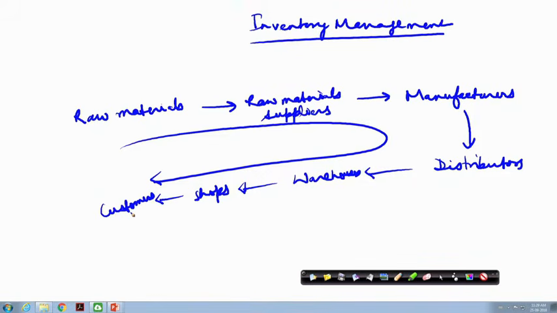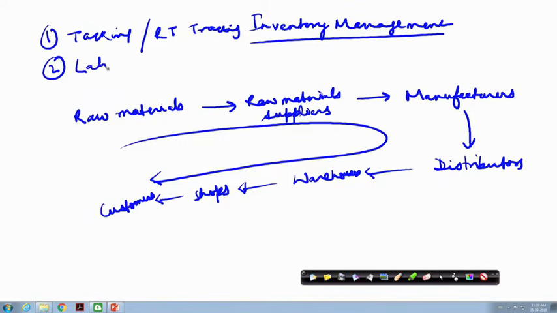So, in this entire process, what are the things that are important? Number one is tracking, and ideally it should be real time tracking. That would be a good feature. Then labeling of the raw materials, labeling of the manufactured goods, etc. Labeling is important.